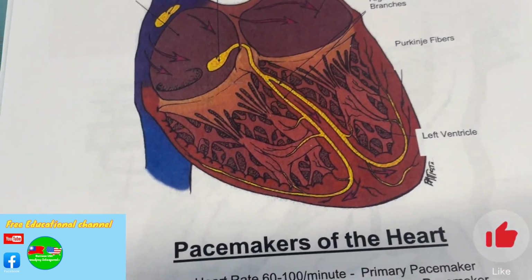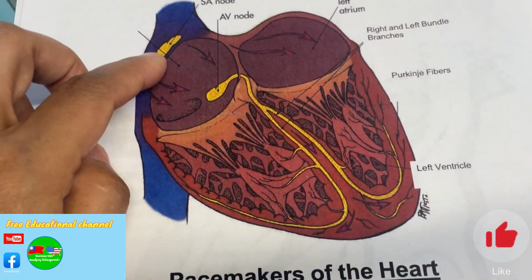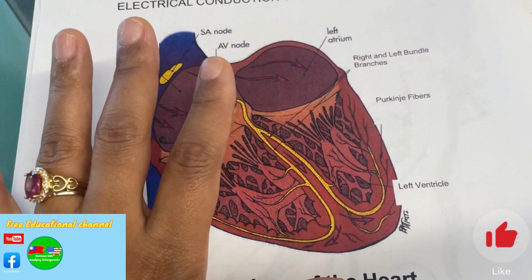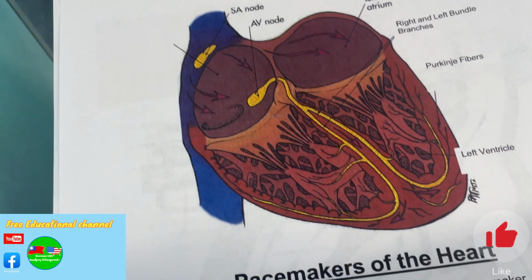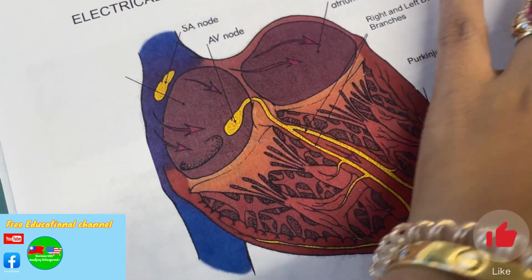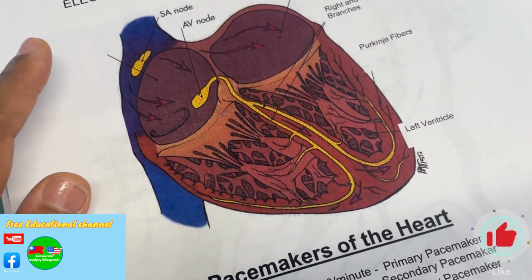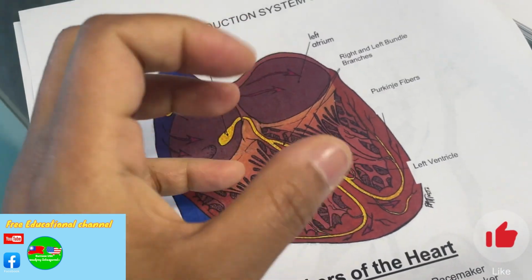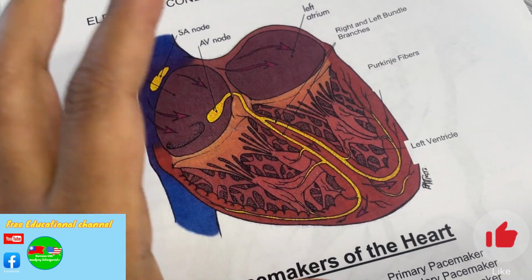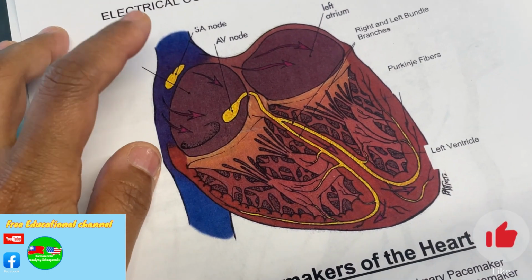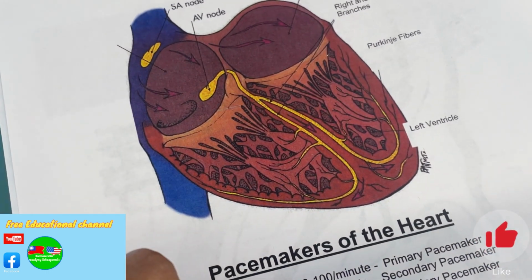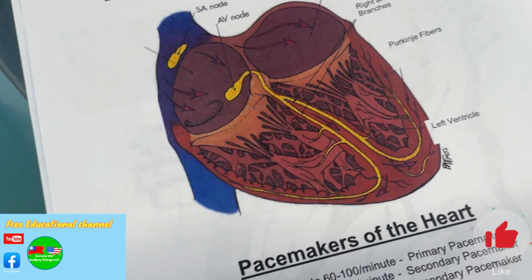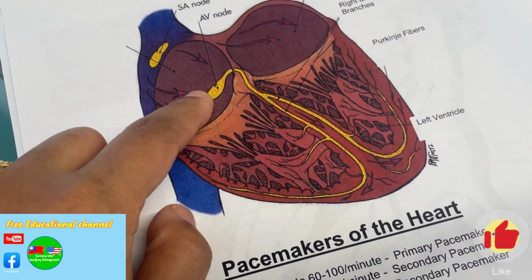So okay, as a note, heart rate is 60 to 100 beats per minute. We're talking about the adult heart, just in general. For pediatric and NICU, you've got to learn something a little different because babies are so small, their heart is so small, and everything for them is very fast, okay? And as a note, the SA node produces 60 to 100 beats per minute, and the AV node produces 40 to 60 beats per minute.